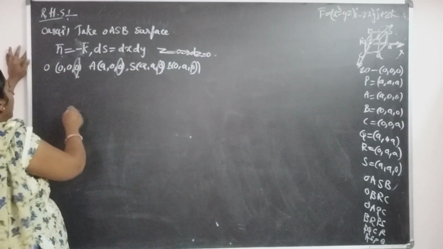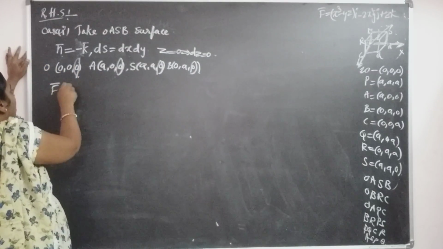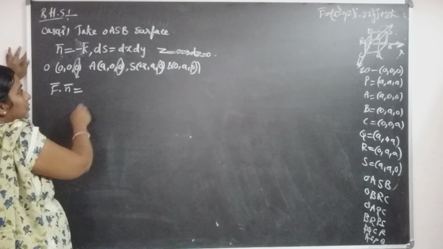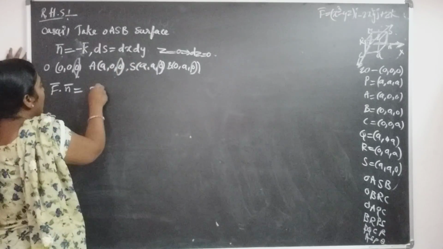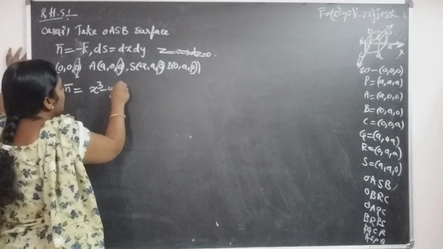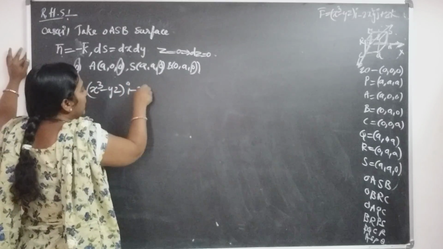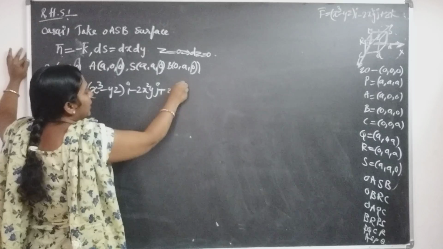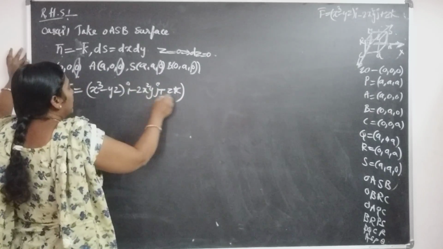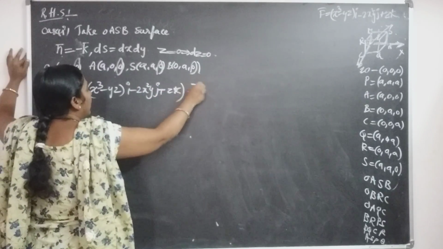Okay. Now find out f bar dot n bar, which is the f vector dot n vector, means x cube minus yz into i minus 2x square y j plus zk, dot the n vector.